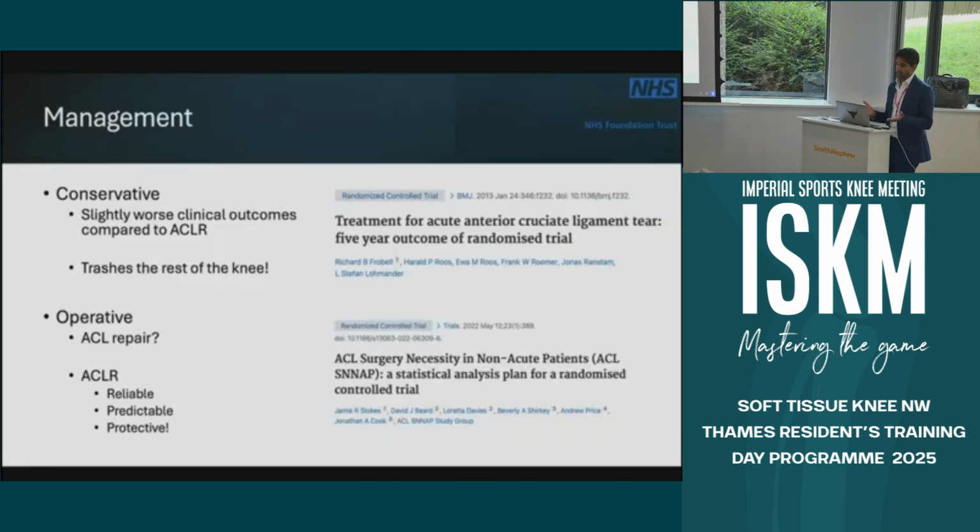But what we know from the SNAP trial, which is the most recent trial that's come out in the last couple of years, a pragmatic multicenter trial, is that patients were split into 2 different groups, physio versus surgery, and they showed that there's a lot of crossover. About 45% of them went from physio to surgery. And the ones that did have surgery were more cost effective in the long term, even though the initial cost was higher, but they had fewer injuries and fewer complications afterwards as well.